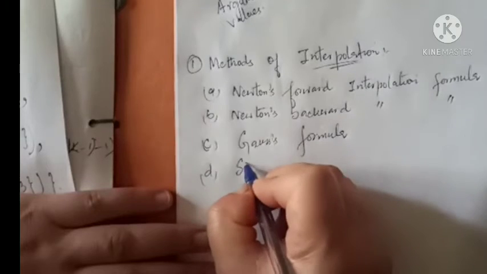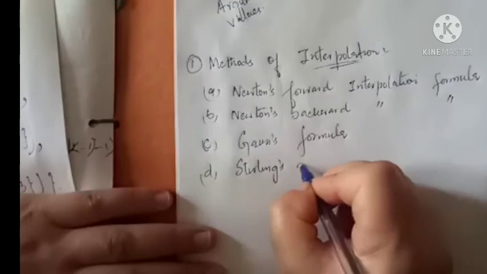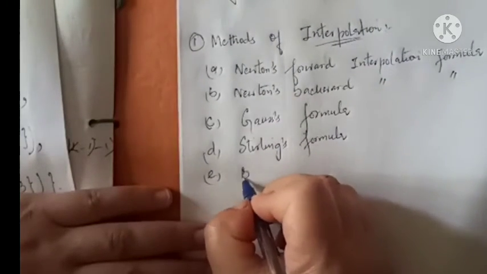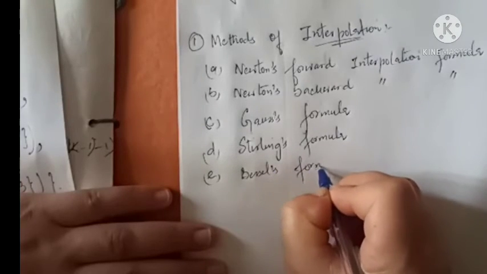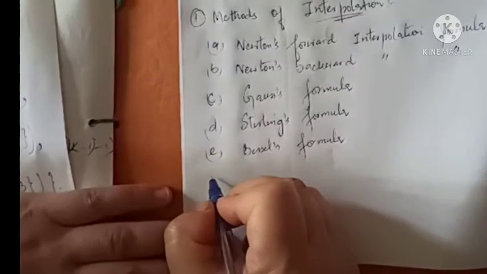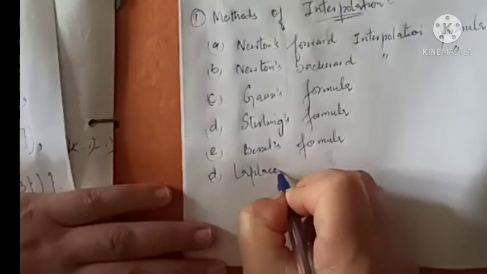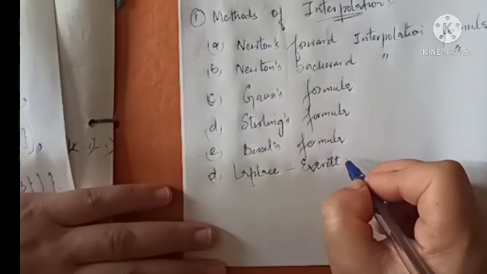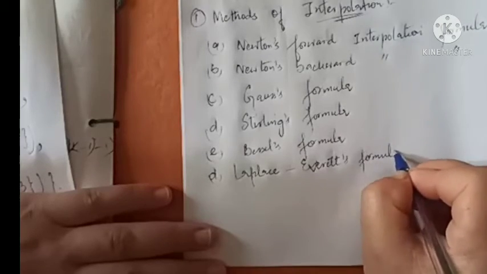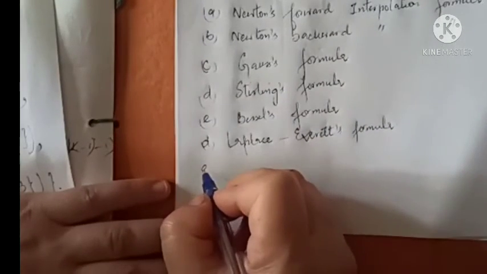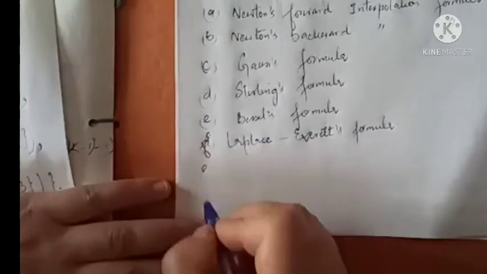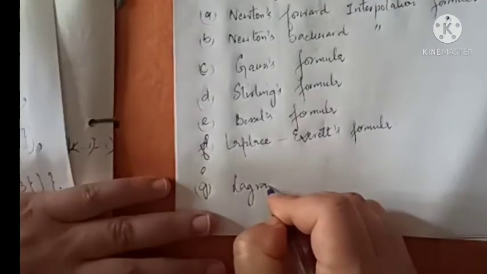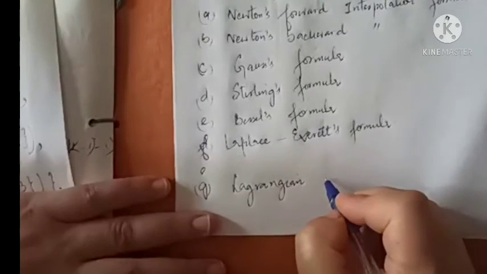We have one more, that is Stirling's formula. Then we have Bessel's formula. We have Laplace, Everett's formula. We have one more, that is called Lagrangian interpolation.